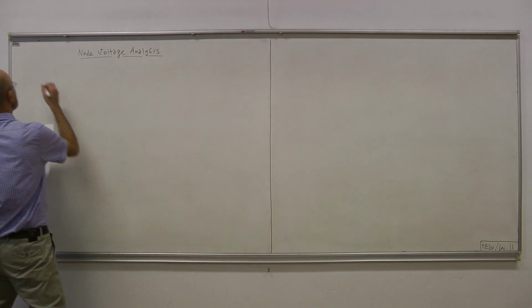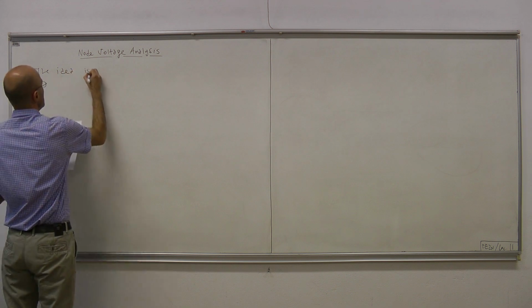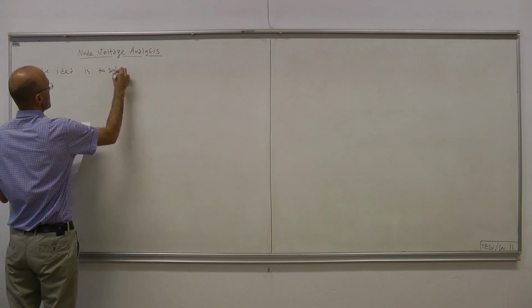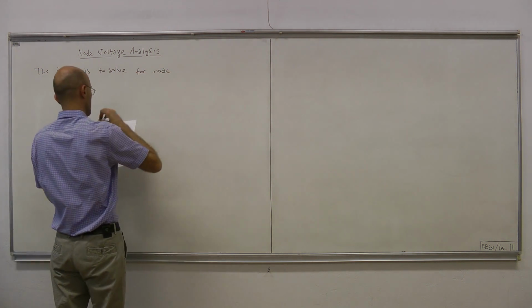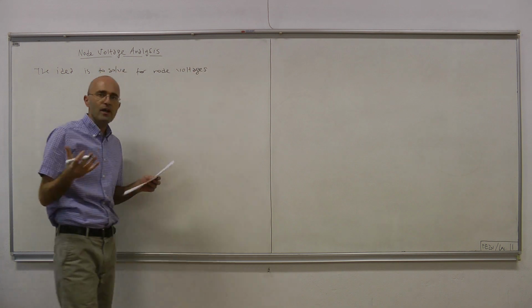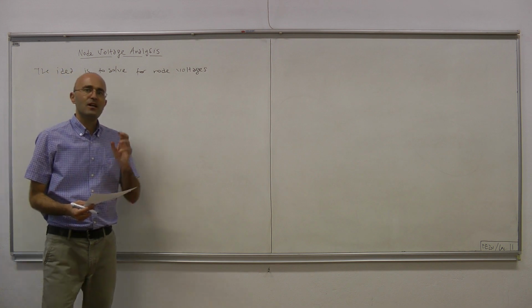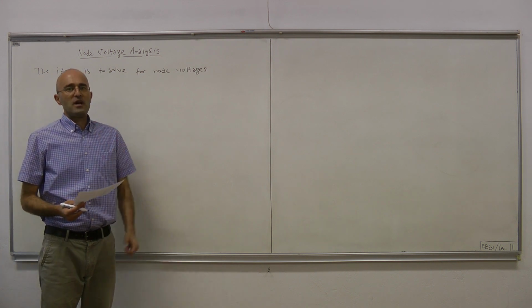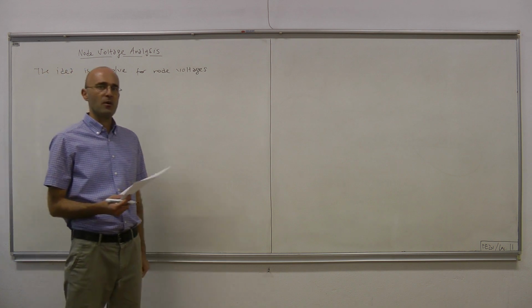So the idea is to solve for node voltages. And for that we require equations, and those equations are coming from KCL constraints applied to each node except the ground node.